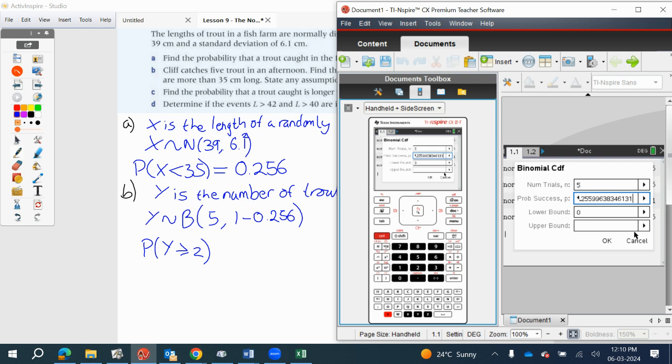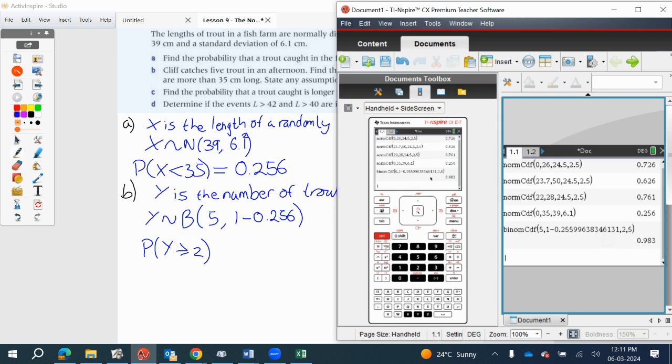Notice I get all of the decimal places. Because I've got my calculator set in float 3, it's showing 3 significant figures. But when I copy and paste that, I'm pasting the exact value. So the lower bound I want to have here is going to be 2, and the upper bound is going to be 5. And this will give us the exact value. 0.938 is simply the rounded value.